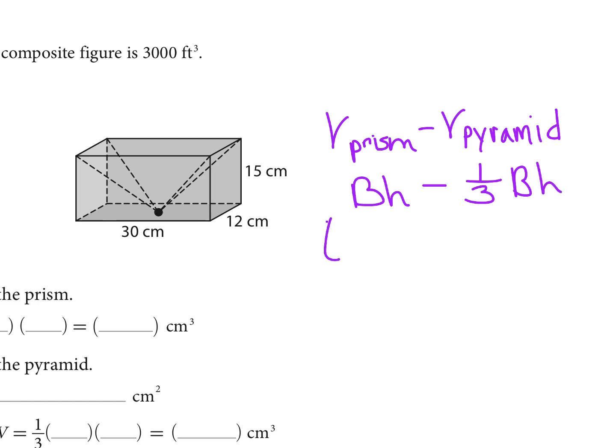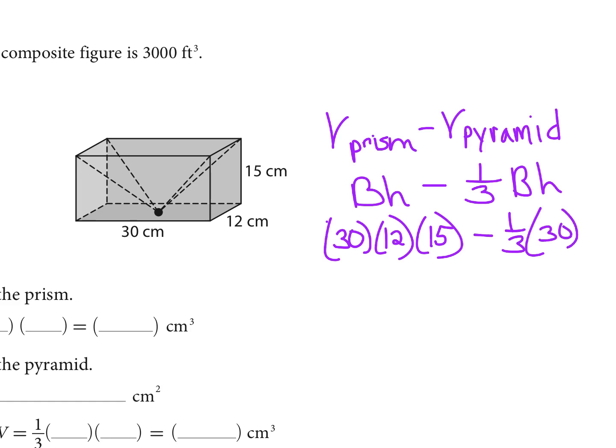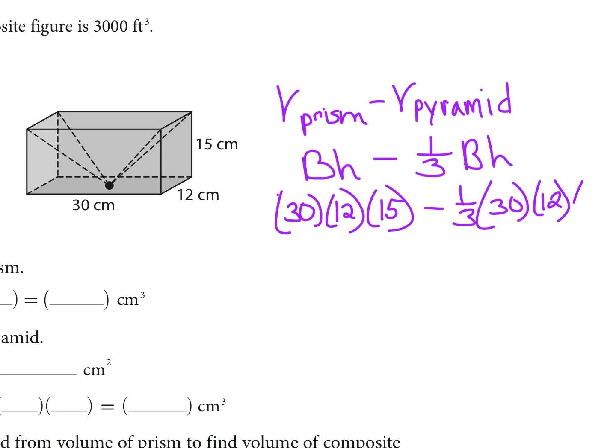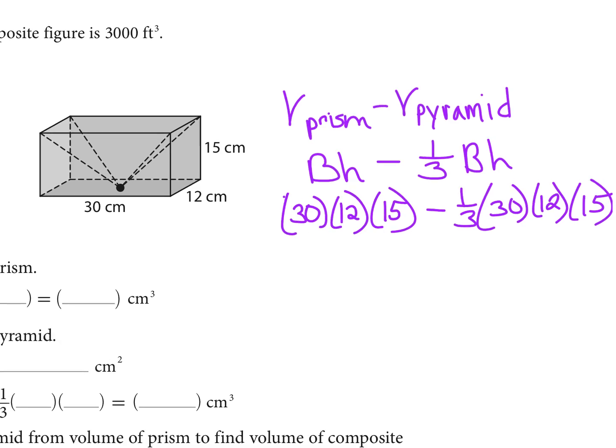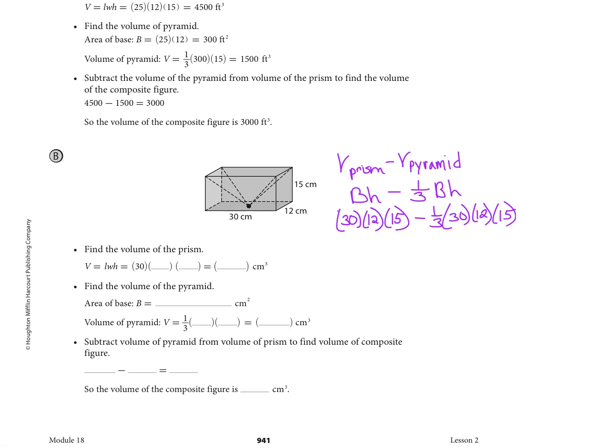The base is going to be 30 times 12, and the height is 15. And the same thing for this one. And that's all that you've got to do for that problem.